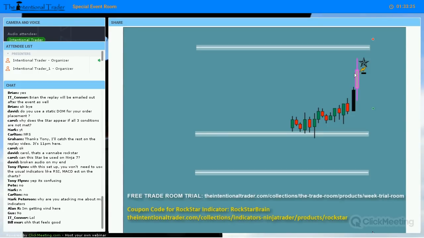For those of you that have been in the trade room since we've had the Rockstar, and those that have gotten very excited about the Rockstar, and have started actually trading the Rockstar without support and resistance, it didn't go unnoticed by me. I understand why you're so excited, and I understand not wanting to use support and resistance.